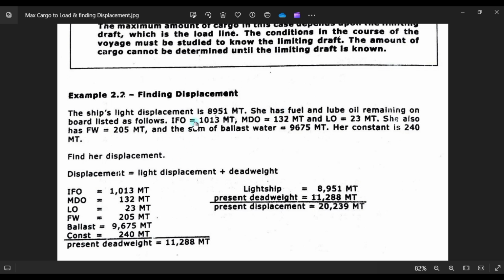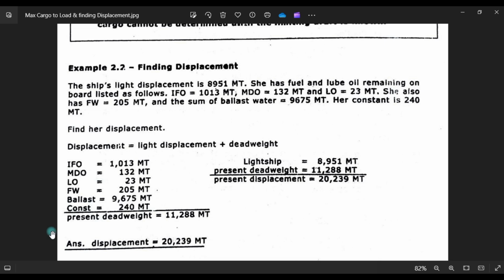An example of how to find the displacement. To find the displacement, the ship's light displacement, when you say light displacement, that is the light ship. She has fuel and lube oil remaining on board as listed as follows.